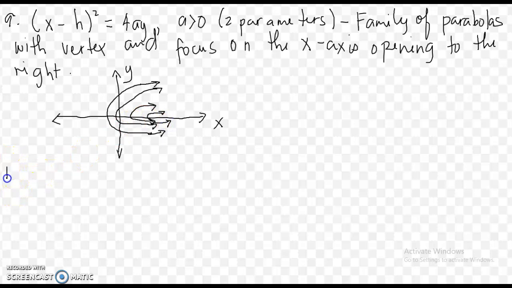Okay, number 10, we have y minus h over x minus k equal to m. This one is under two parameters.